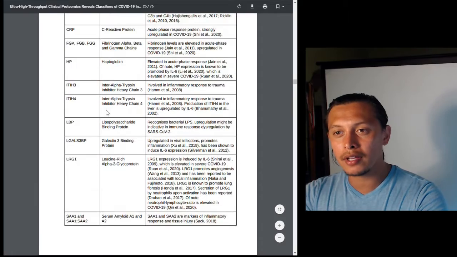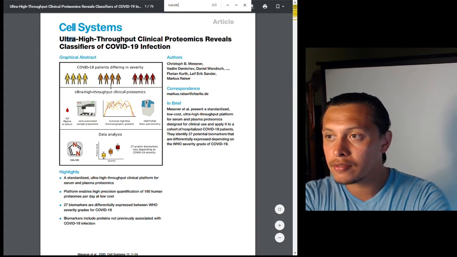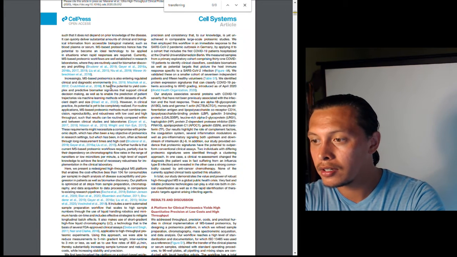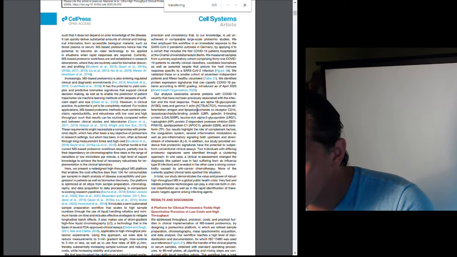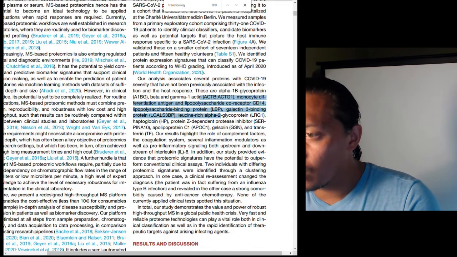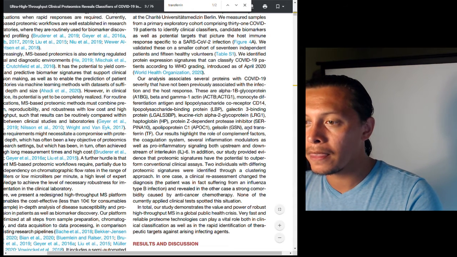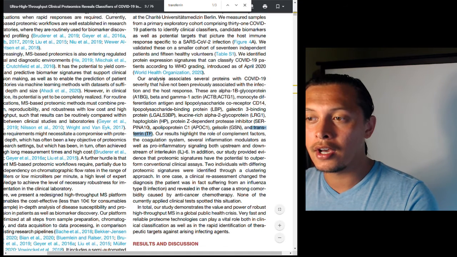Oh, you know what else I forgot to mention? What else is upregulated? Transferrin is another one of the proteins that is upregulated.